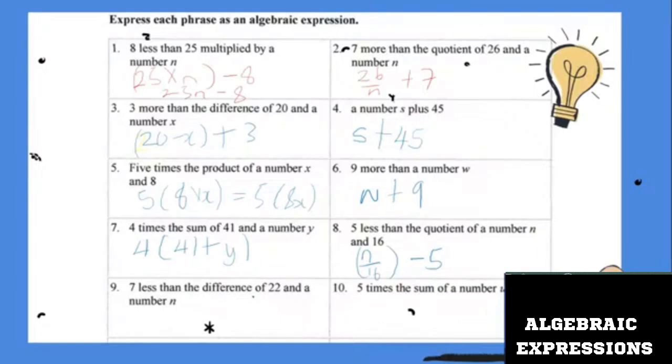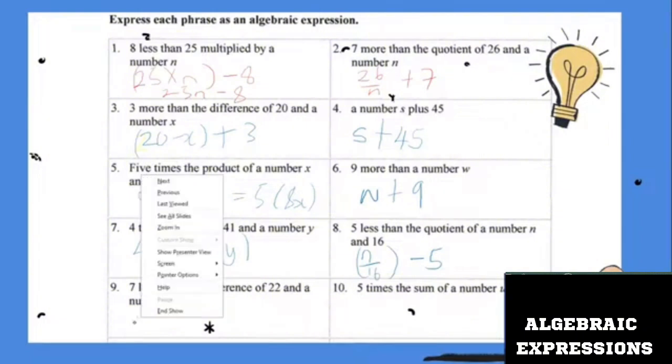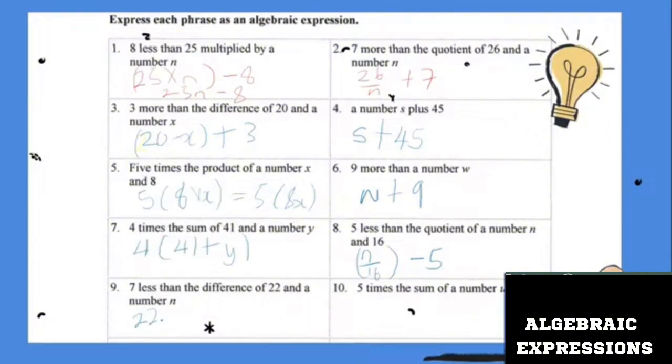7 less than the difference of 22 and the number n. So 22 minus n, then minus 7. And then the last one, 5 times the sum of a number u and 15. So 5, instead of times, I'm going to put brackets.